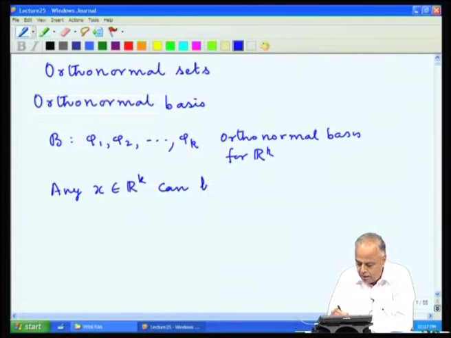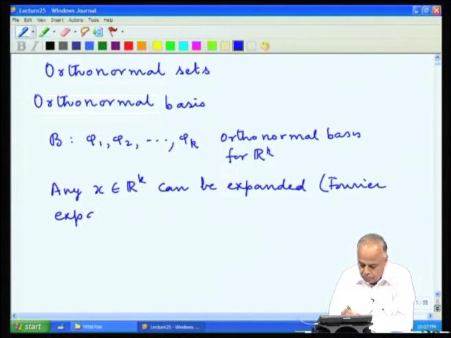That expansion is called the Fourier expansion, expanded in terms of this basis.